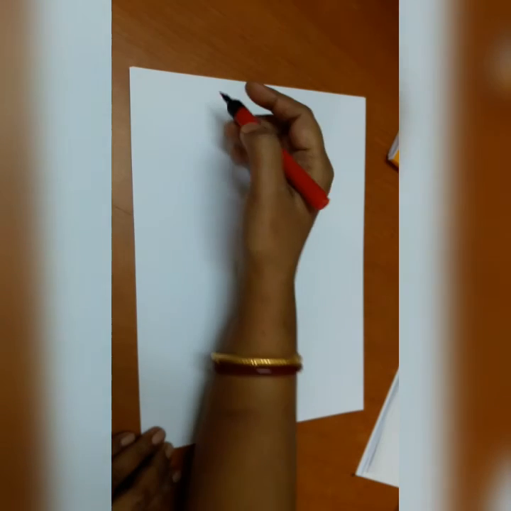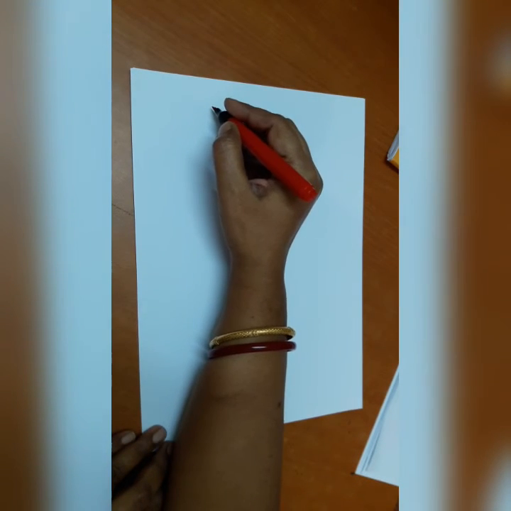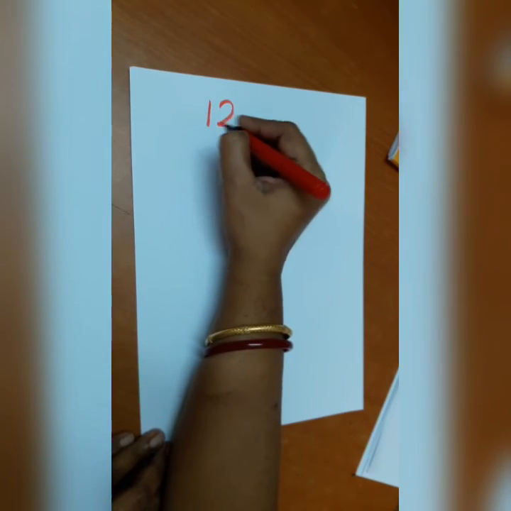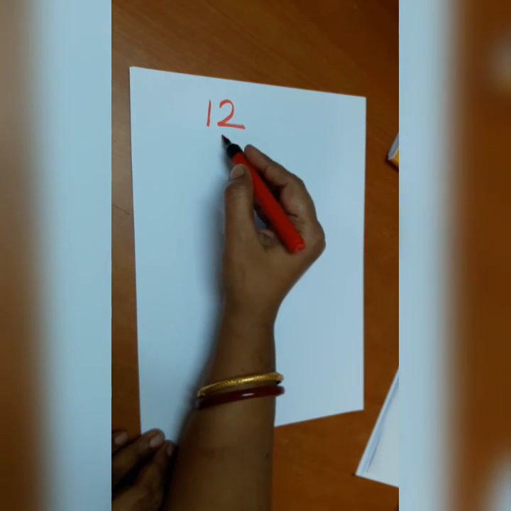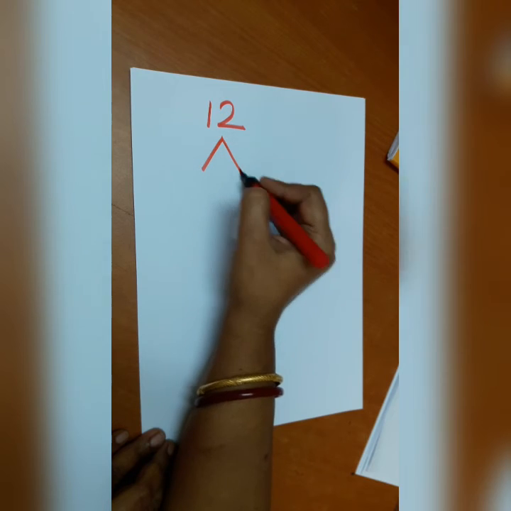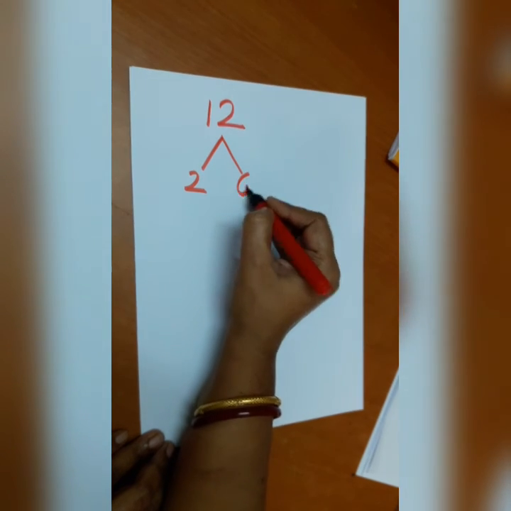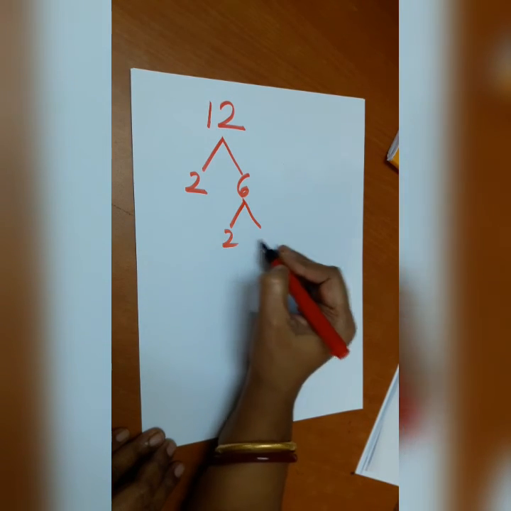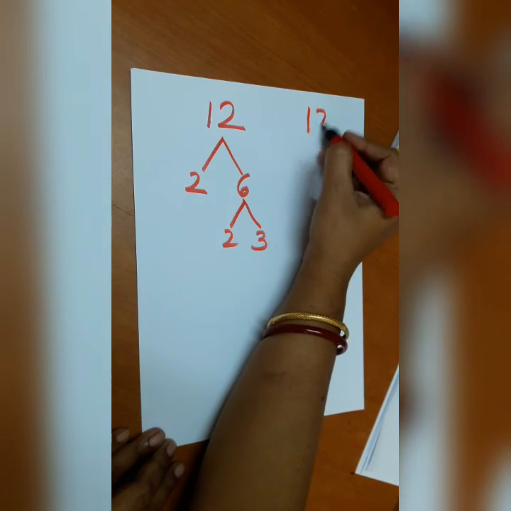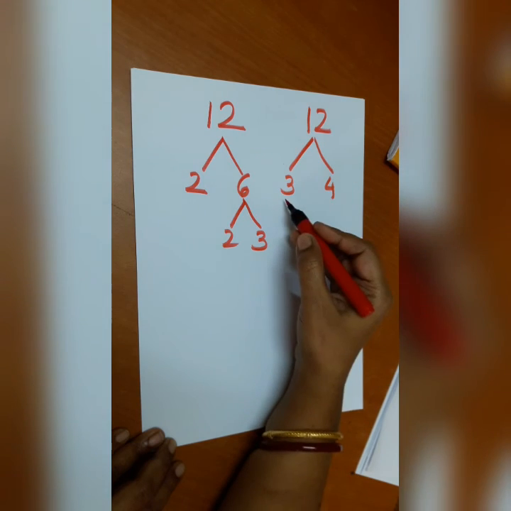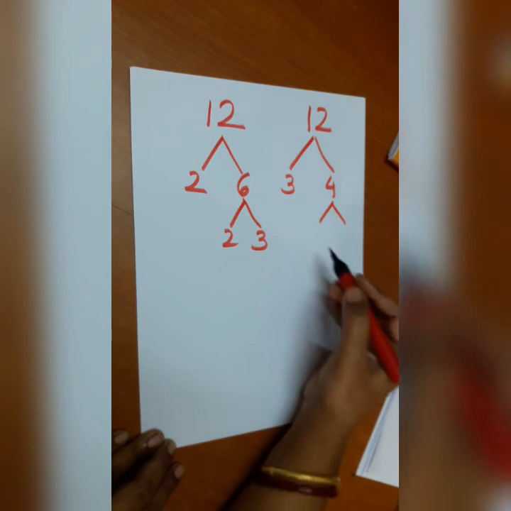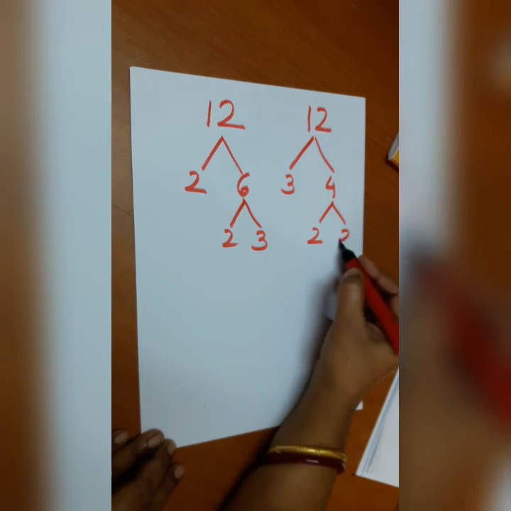Okay. So now suppose 12. Easiest number, 2 6s are 12. We saw the 3, 2 6s are 12, 2 3s are 6. Again 12 we can write as 3 4s are 12. This is a prime number, no need to write that again. So 2 2s are 4.